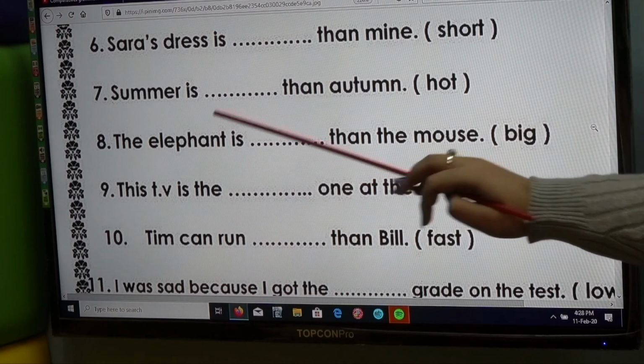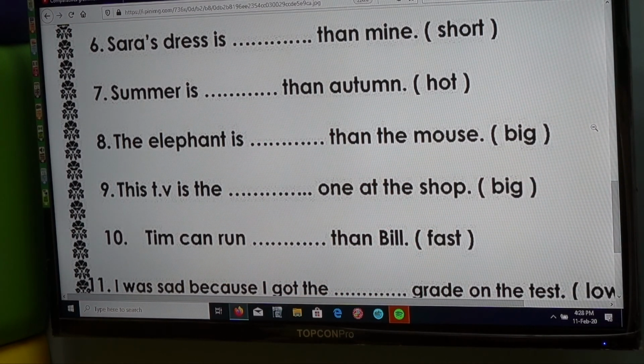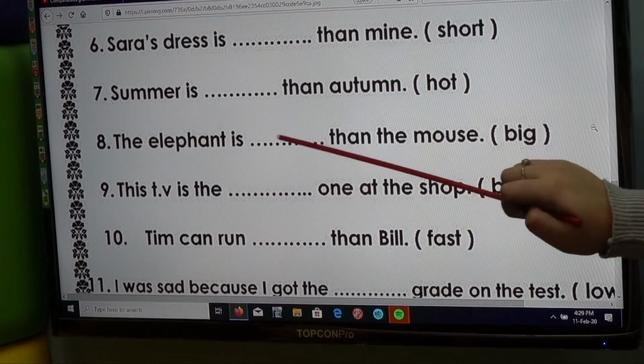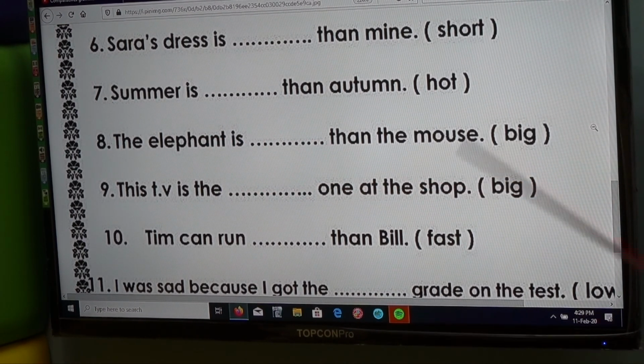The first thing is the elephant, the second thing is the mouse. So there are 2 things. What kind of adjective do we use? Comparative or superlative? The elephant is bigger than the mouse. Bigger. Again, there's something special here.